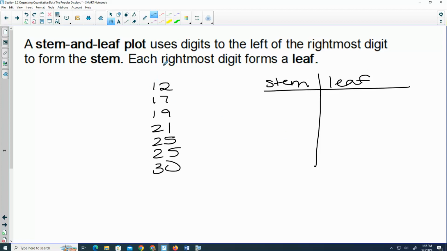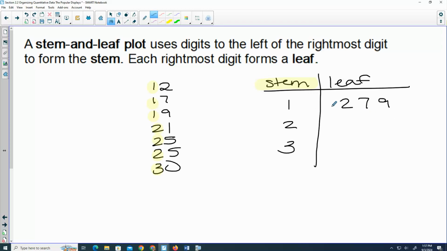Your stem would be your leftmost digit. So my stems here would be 1, 2, 3. Your leaves are your rightmost digits. So we had a 12, so 1, 2. We also had a 17, so 1, and then we just put the 7. 19, so 1, 9. You don't have to put commas between them, you just list them next to each other.